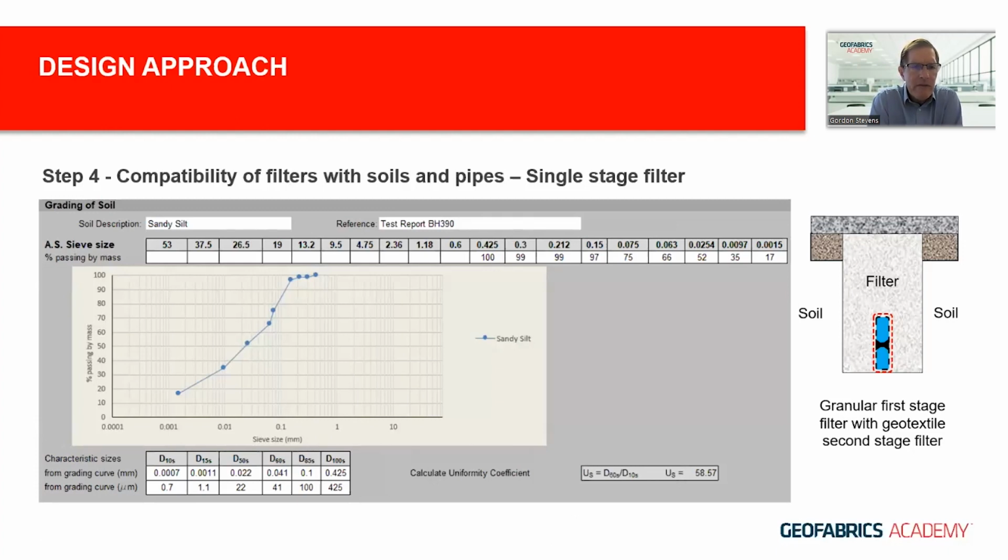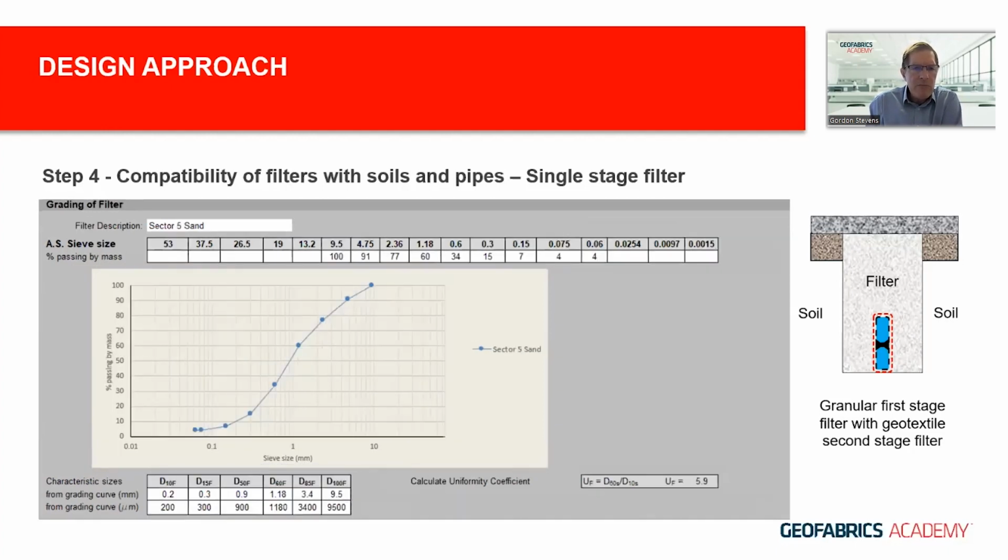So what we have here is the PSD for a typical soil, sandy silt in this particular instance. And here you can see the various characteristic sizes that we check for and the calculation of the uniformity coefficient.